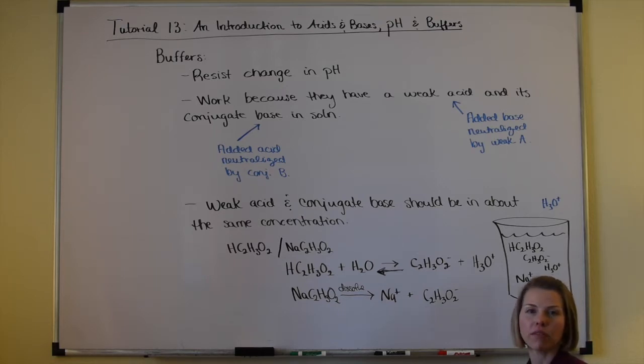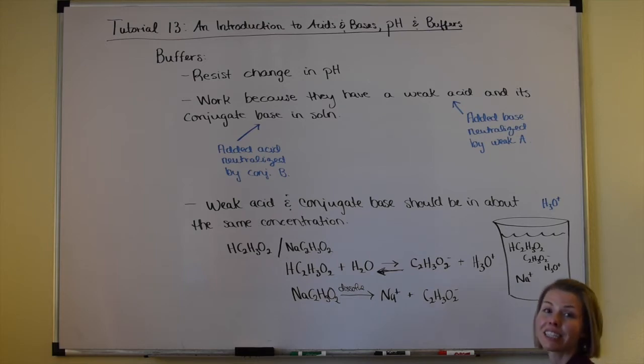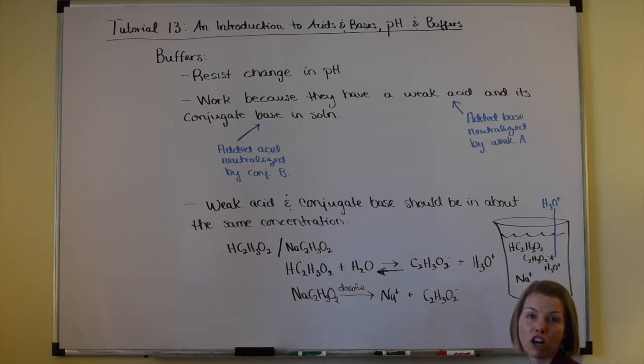So outside of a buffer solution, we would expect adding any acid, adding more hydronium ions, to lower the pH of a solution, make it more acidic. But in the case of a buffer, it does not, because that added acid is consumed by the conjugate base. So I'm going to put the arrow to the acetate anion here.